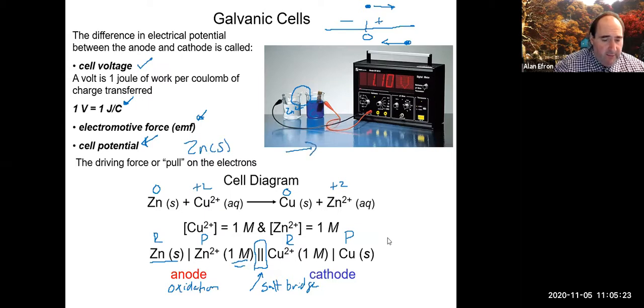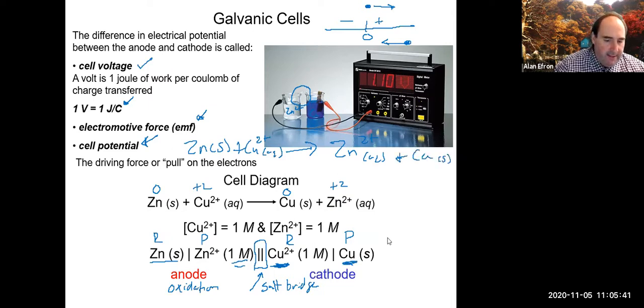The second thing would be our product, which means our zinc would go on the other side over here with a +2 charge. Then we would go back to our reactant, so it would be plus our copper with a +2 charge. And this would be our product, which would be over here.